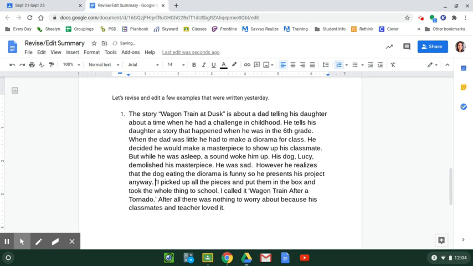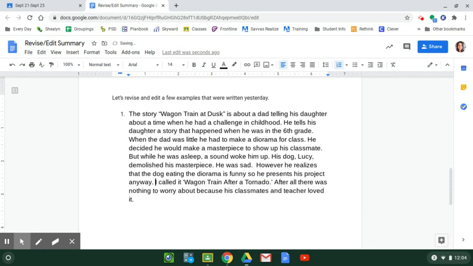Period. We can delete this because we don't need it. And we can say he, right? Because it's the father that's talking. He called it wagon train after a tornado. He realized that after all, there was nothing to worry about because his classmates and teachers loved it.